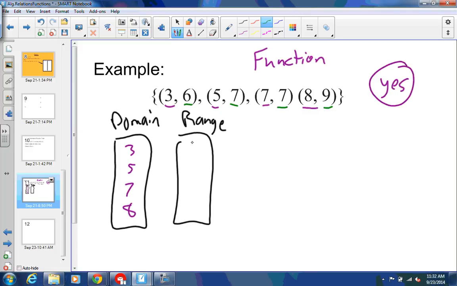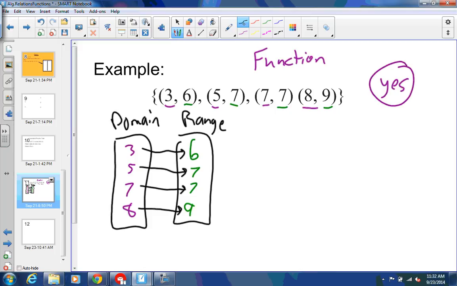So we have 6, 7, 7, 9. And you wouldn't have to list both of the 7s if you didn't want to. It just depends on how you're drawing your arrows. In this case, if I listed them both, I just have to draw the arrows straight across. And we are good to go. There are no repeating domain values, so yes, it is a function.